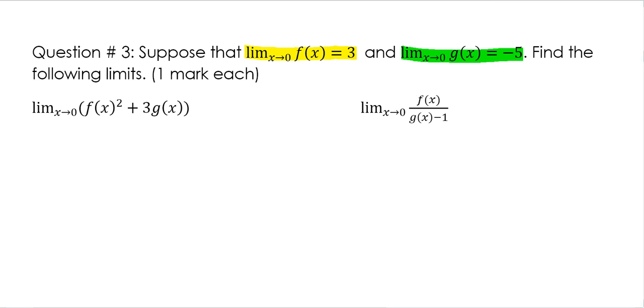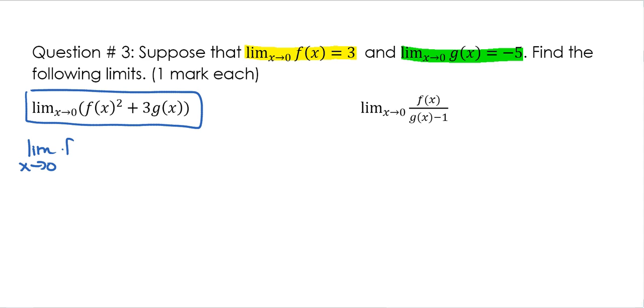Okay, so for this question down here, you need to write the proper limit statement here. So if I broke this down using proper limit rules, this would be the limit as x approaches 0 of f of x squared plus 3 times the limit as x approaches 0 of g of x. All right, so that's step number 1. You actually have to write that proper limit statement.